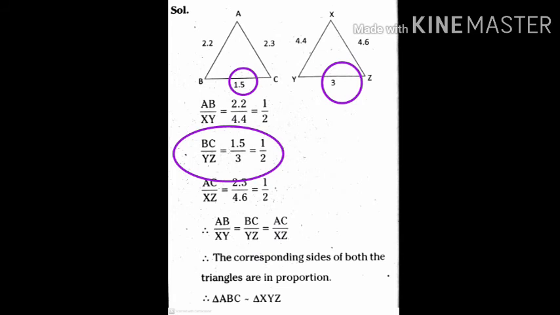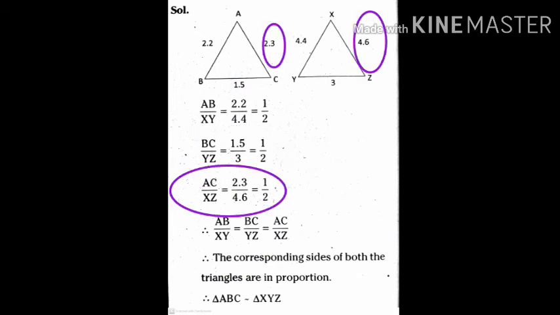That is equal 1.5 1 ja, 1.5 2 ja, that is equal 1 by 2. Next one, AC by XZ, that is equal, length of AC is 2.3, length of XZ is 4.6. Here cancel with 2.3. 2.3 1 ja, 2.3 2 ja, that is equal 1 by 2.